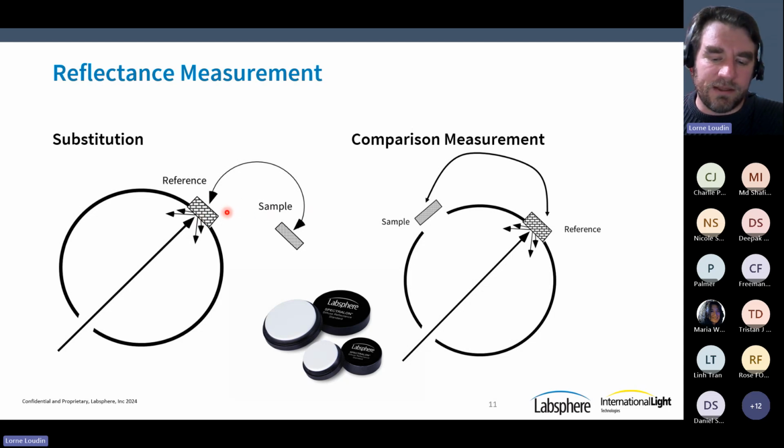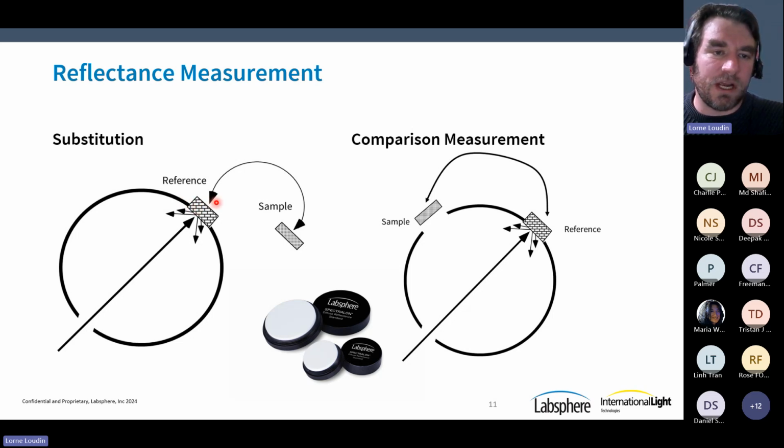Now, I think this is a really important point: a slight change in the total reflectance of a material in a system that is integrating electromagnetic energy is really critical, because it changes the throughput of that system.